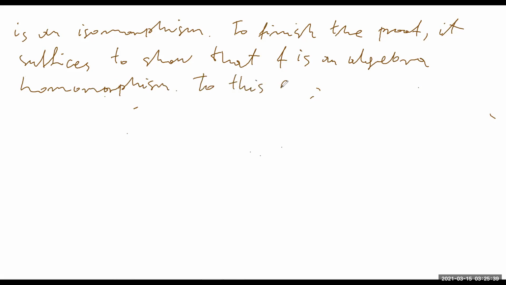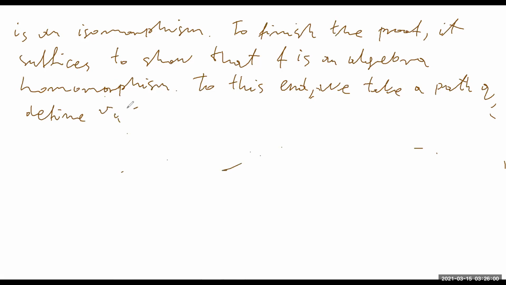And we take a path Q, define Vk to be s of Q, the beginning of the path Q, define Vl to be the end of the path Q, and compute.